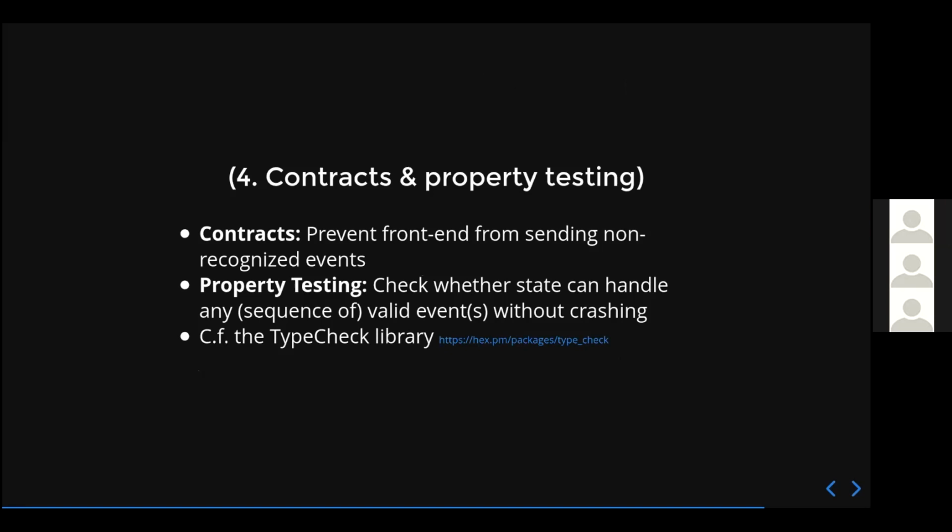Another library that has existed for slightly longer already is Norm, where you can add contracts to functions which prevent input being sent that the functions know they cannot handle, but also at the same time, from those same specifications, allow you to create property testing generators where you take the inverse, namely that the function is able to handle all possible valid inputs that it says it can expect without having any problems. And by adding this, you get a lot more confidence that your state handling logic works correctly.